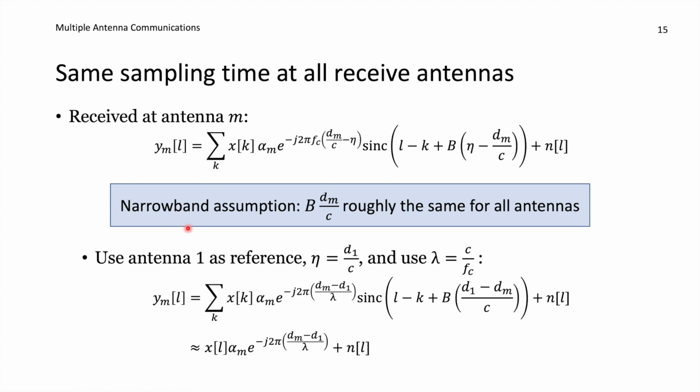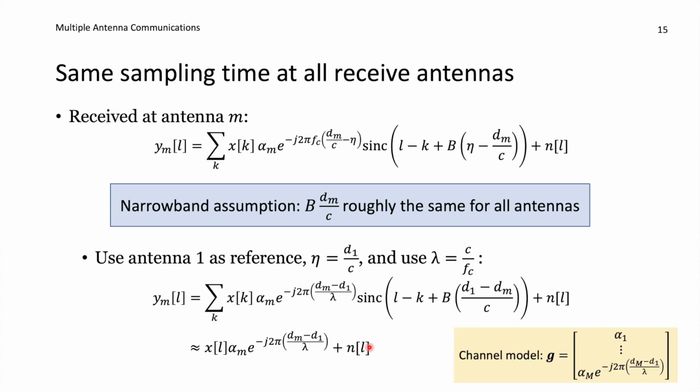Next, we use the narrowband assumption or approximation to neglect all the terms here where k and l are different. Then we get x of l, we get alpha m, and we get this term e to the power minus j2 pi dm minus d1 divided by lambda. So that is the difference in distance to the first antenna and to the mth antenna. And then we have our additive noise.